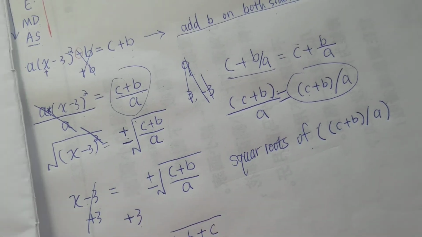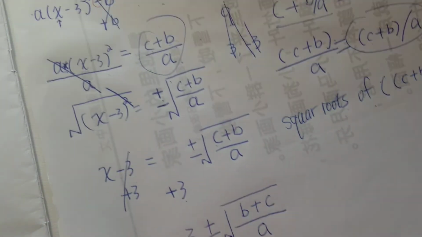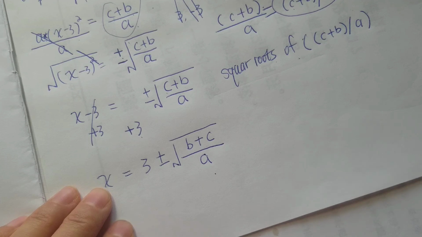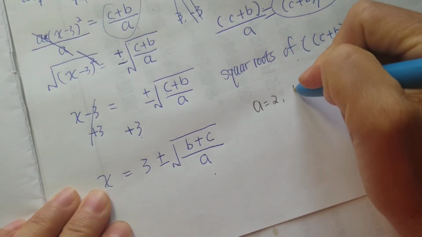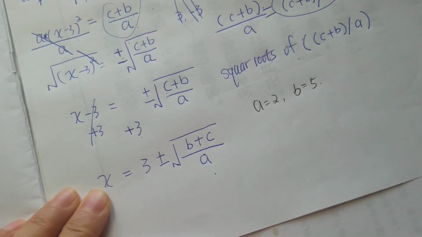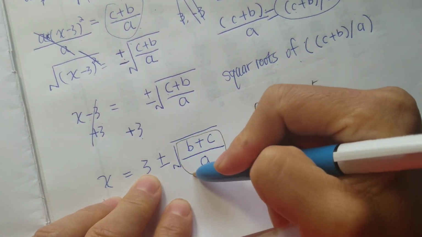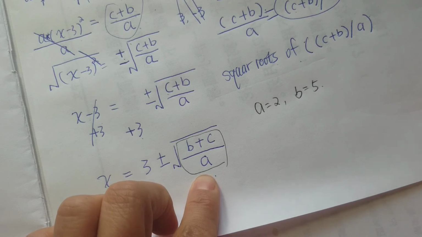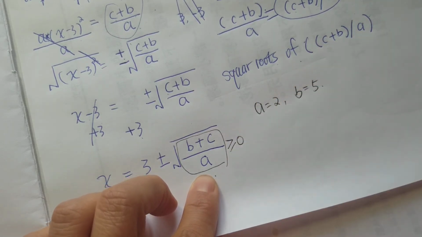So for the next part, which is easier, if a is 2 and b is 5, let's find out what c will be for x to be real. In order to be a real number, the expression under the radical must be greater than or equal to 0.